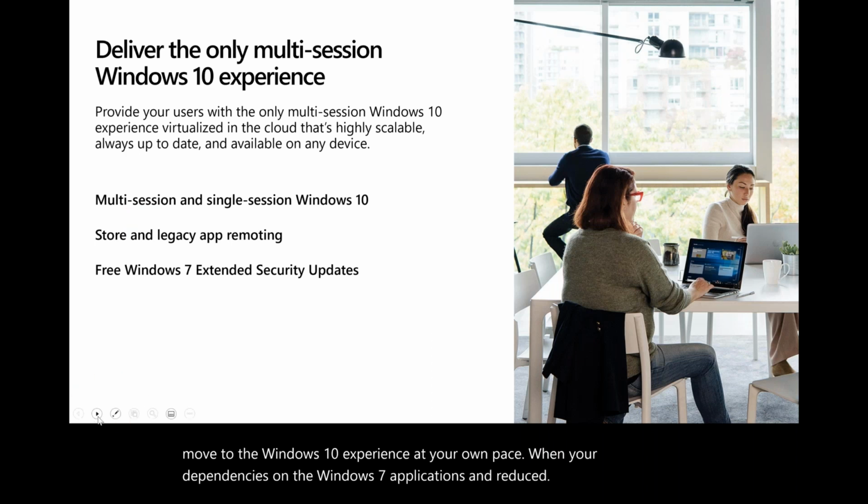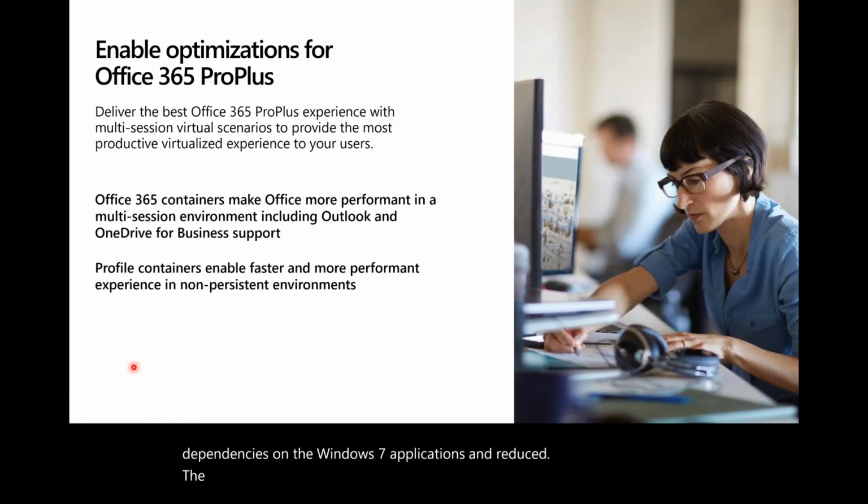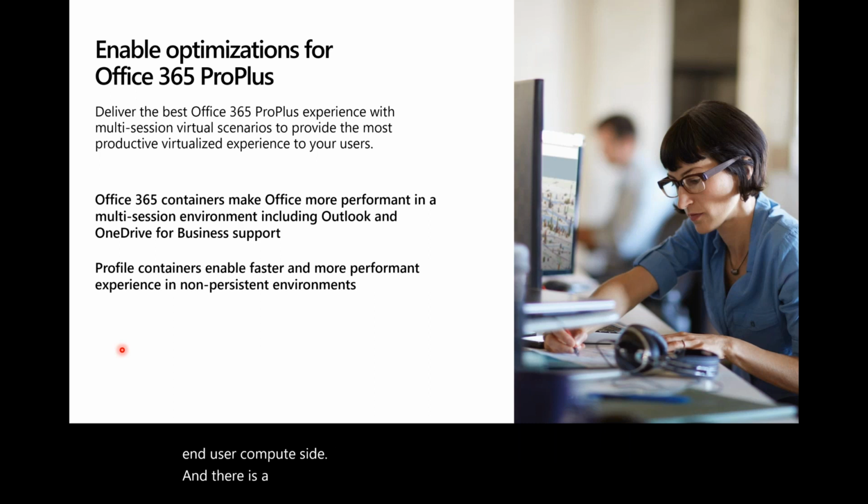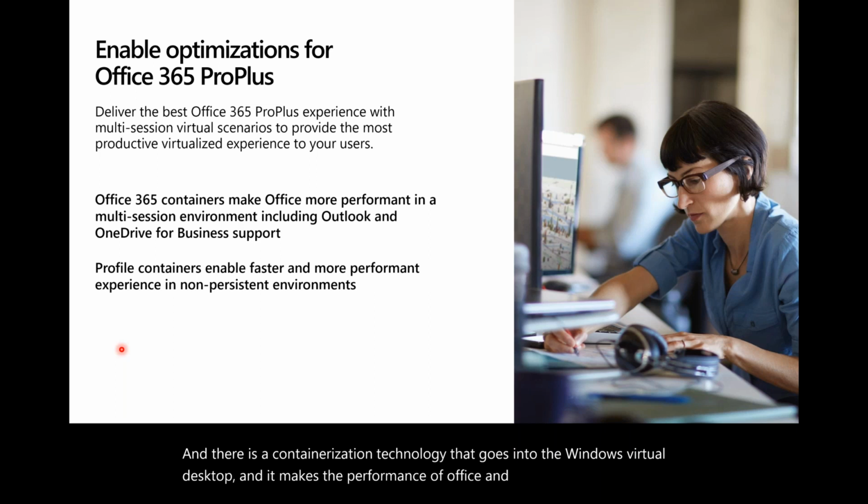The second aspect of this is the optimizations that have been built in. There is a concept of containerization that all of us are aware of on the server side. On the end user compute side, there is a containerization technology that goes into the Windows Virtual Desktop, and it makes the performance of Office and Outlook extremely effective.